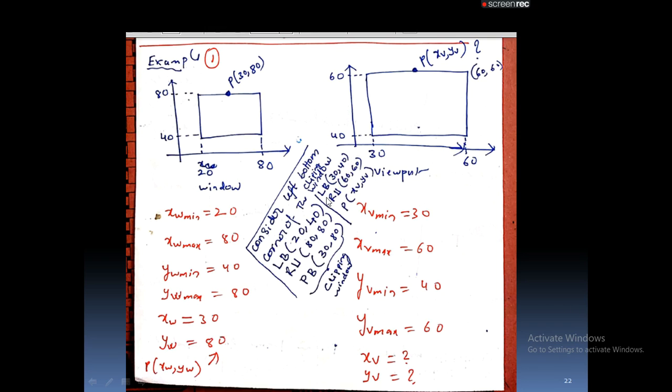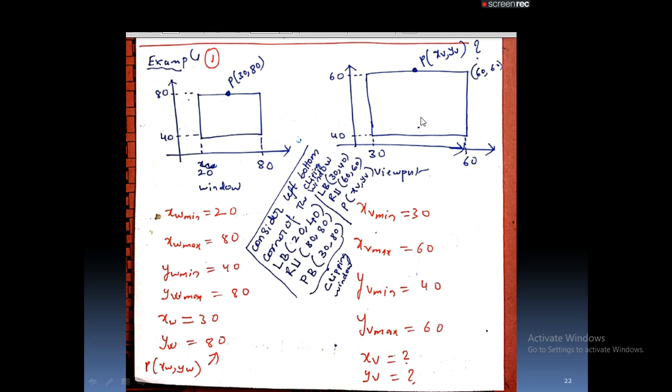The lower bottom corner of the viewport is 30 comma 40, which means xv minimum is 30, yv minimum is 40, and xv maximum is 60, yv maximum is 60. That means the size of the viewport is given. Always they will give the opposite corner positions of either the clipping window or the viewport.